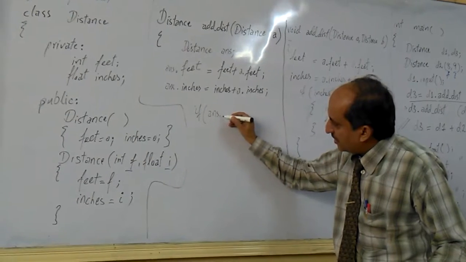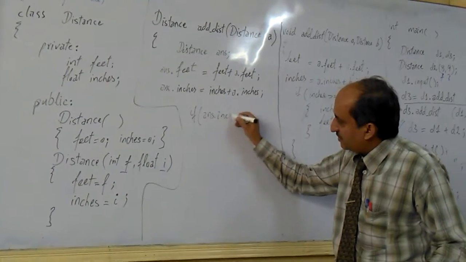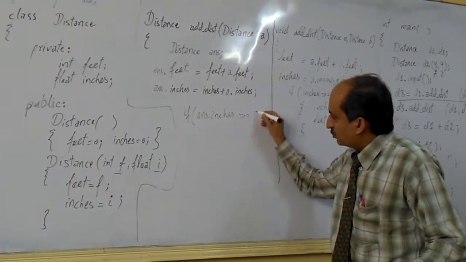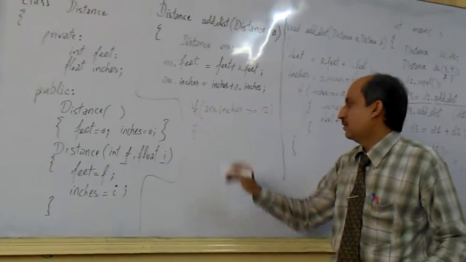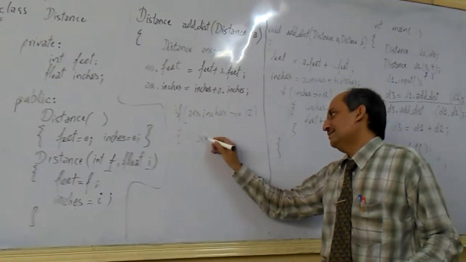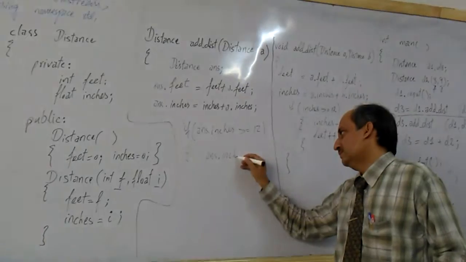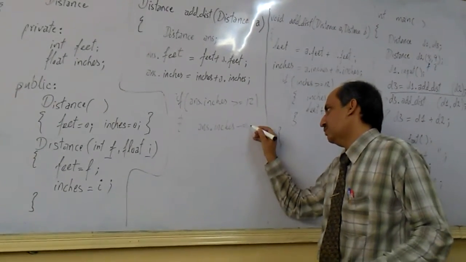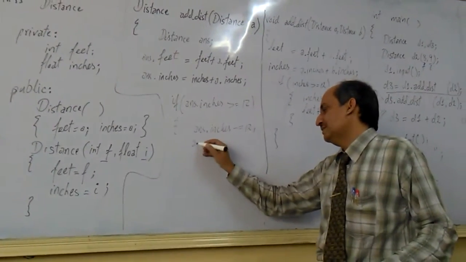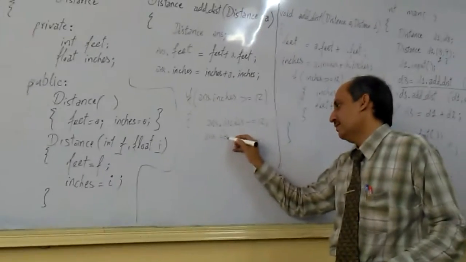If answer dot inches is greater than or equal to 12, then answer dot inches minus equal to 12 and answer dot feet plus carry has been added to the feet data member of the answer object.